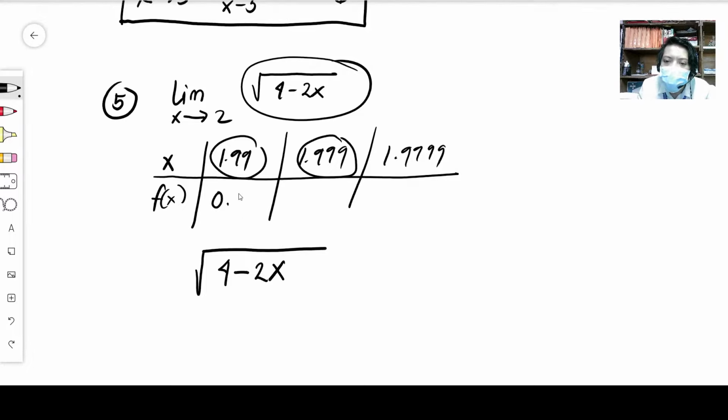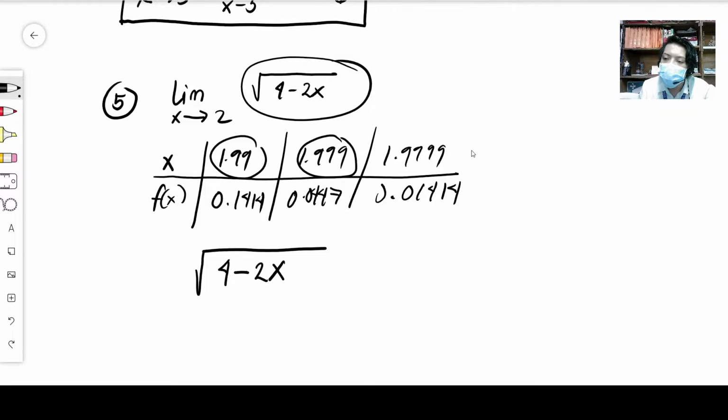0.1414. When your x is 1.999, it is 0.04472. When x is 1.9999, it is 0.01414.